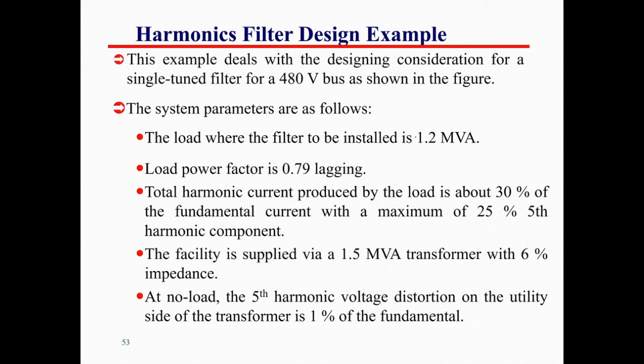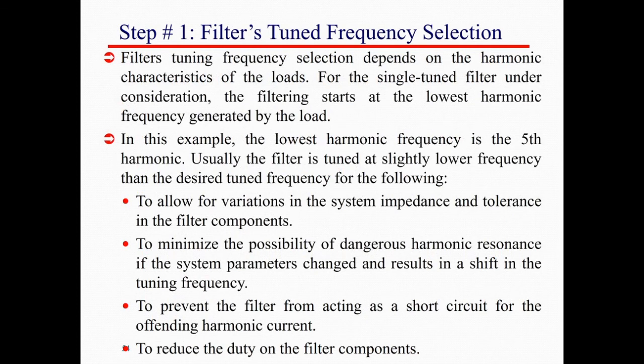This is the summary: the size of the load, the current power factor, the harmonic current, 25% of the fundamental current, the size of the transformer, the impedance of the transformer, and then at no load there is a fifth harmonic voltage distortion in the utility, which is 1% of the fundamental. So this is the information that is given to us.